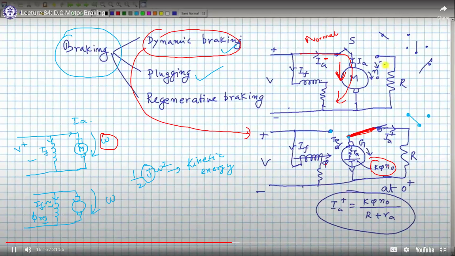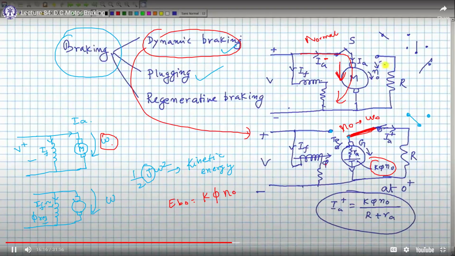Before you stop this motor, let us suppose the speed at that point is n0 or omega 0. So EB0 is K phi N0, because the field circuit is still connected to the voltage, and the speed cannot suddenly become zero.